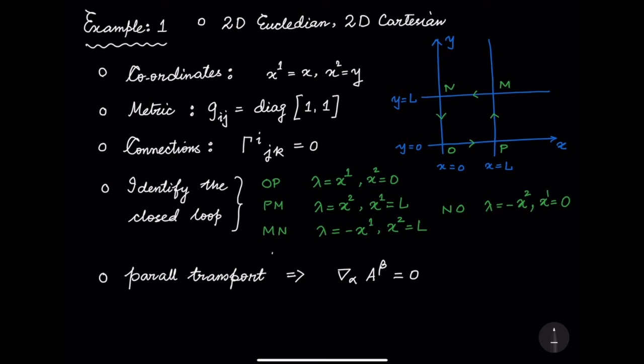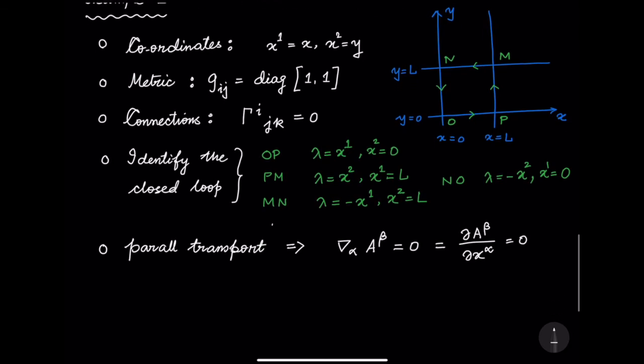But because all my connections or Christoffel symbols are 0, this also means, let me write explicitly, that the derivative of A^beta with respect to x^alpha equals 0. What does it mean? Well, let us go step by step.